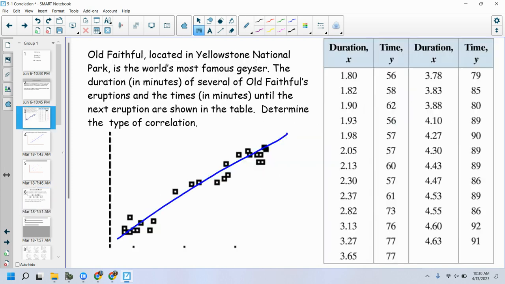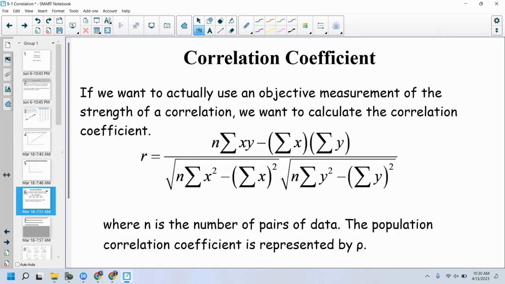So in my Old Faithful example, it was 25, right? So we would have 25 times, what's that mean again? The sum of all the x times y's. So this is the number of pairs that I have times the sum of all the x times y's.